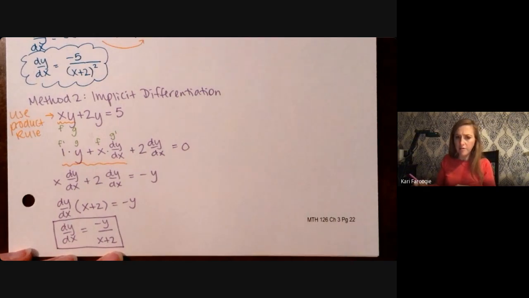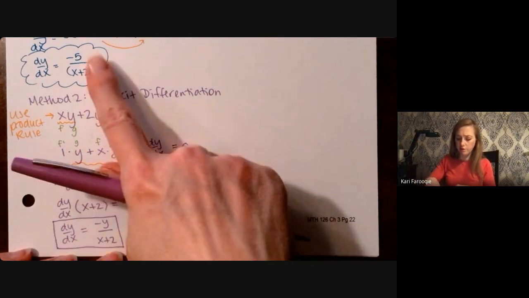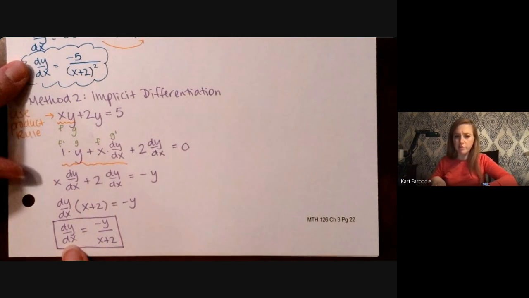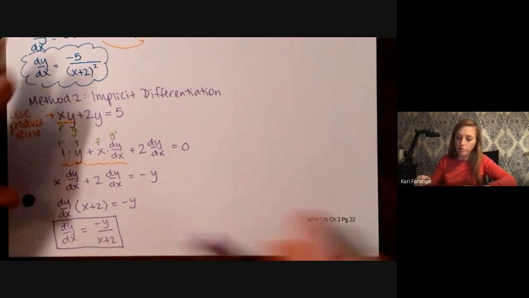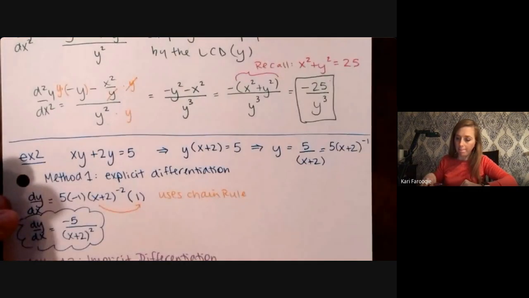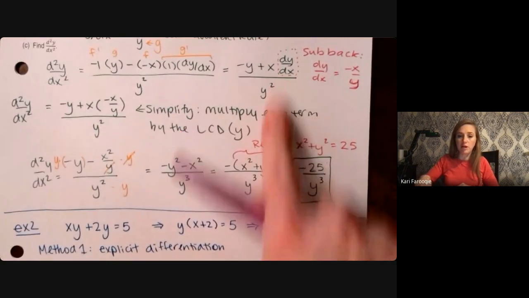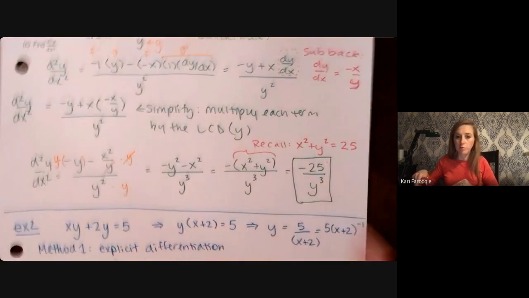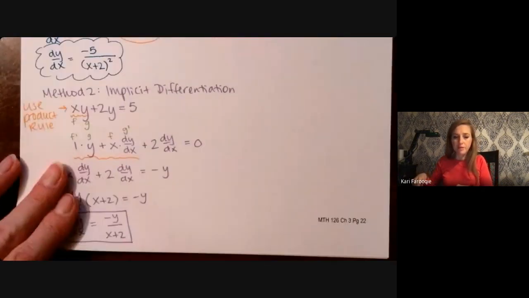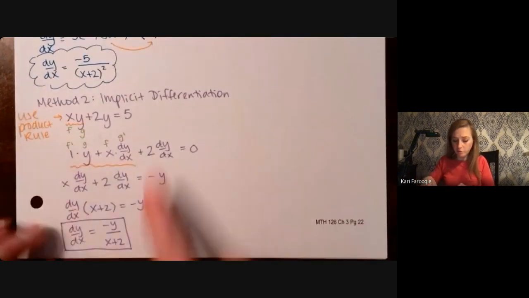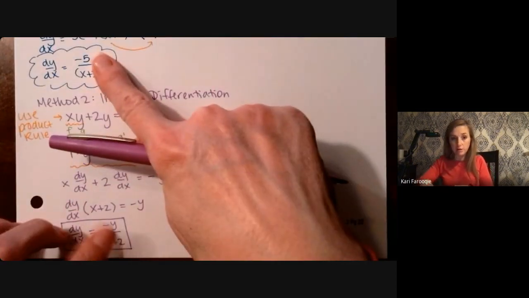Now, it's possible that you're noticing that these two dy dx's are not the same. So something must be wrong, right? No. Remember that trick we used in the last example when we substituted a variable back in? We did a couple different things. We substituted a dy dx. We substituted an x squared plus y squared. In this case, one of these derivatives has a y in it and the other one doesn't.